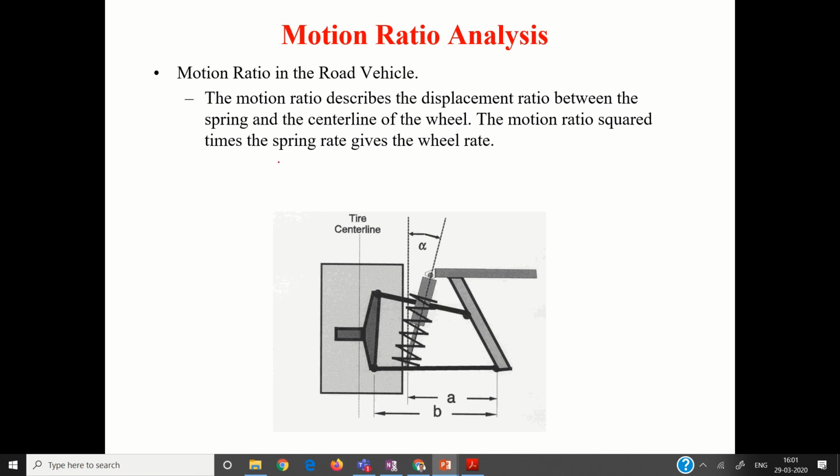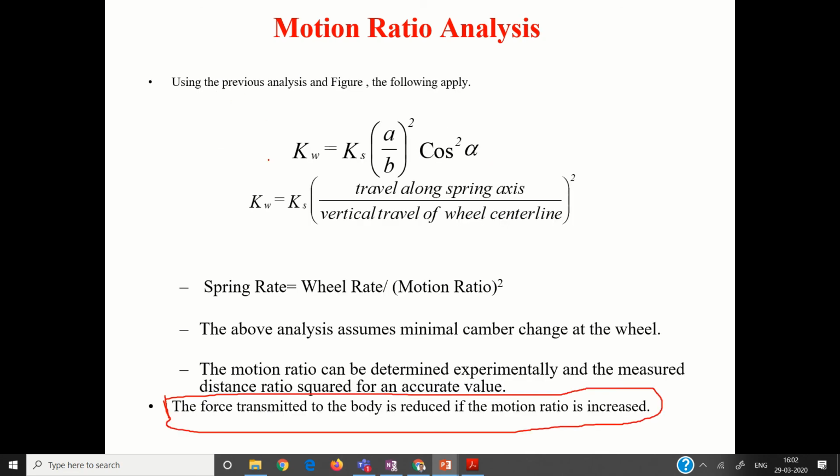The motion ratio squared times the spring rate gives the wheel rate. Travel along the spring axis, vertical travel of the wheel center line. So spring rate equals wheel rate by motion ratio squared.